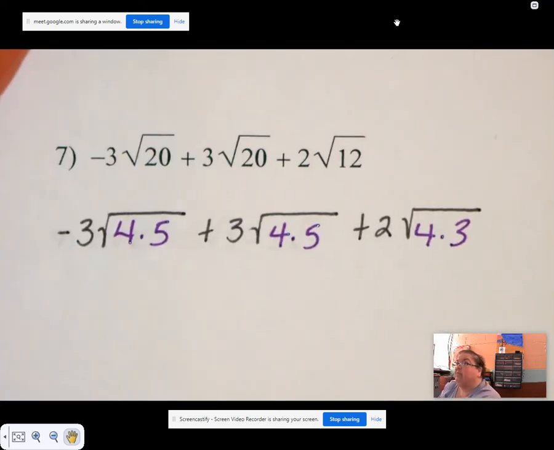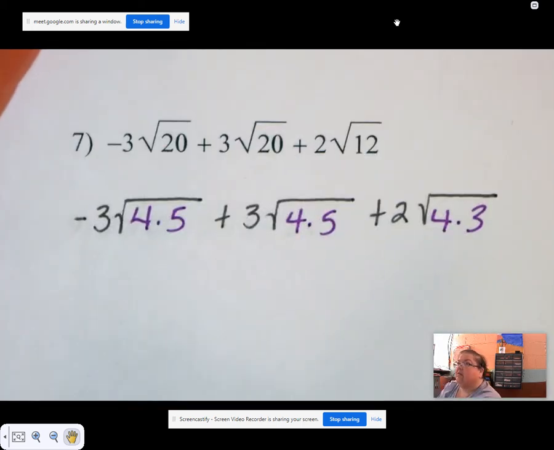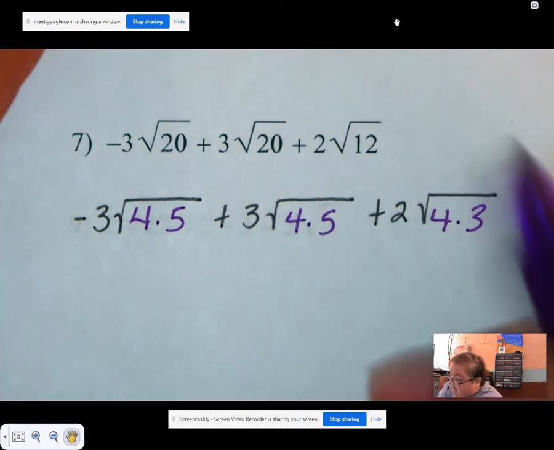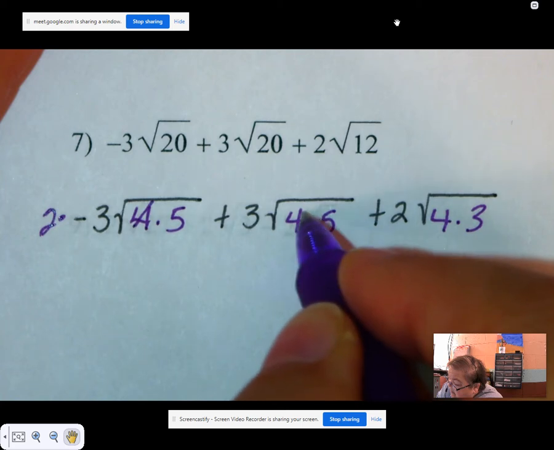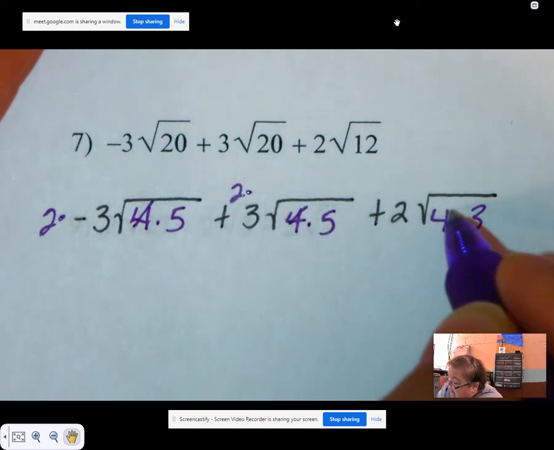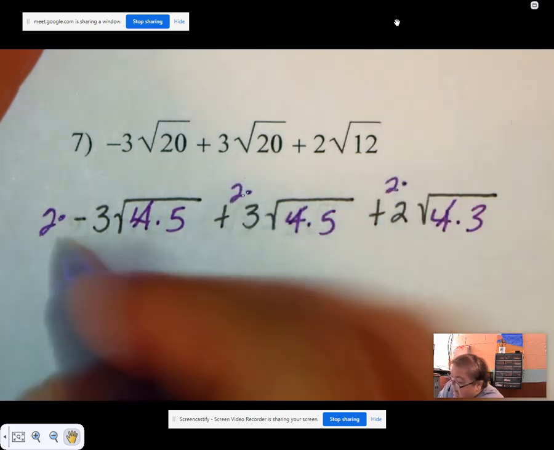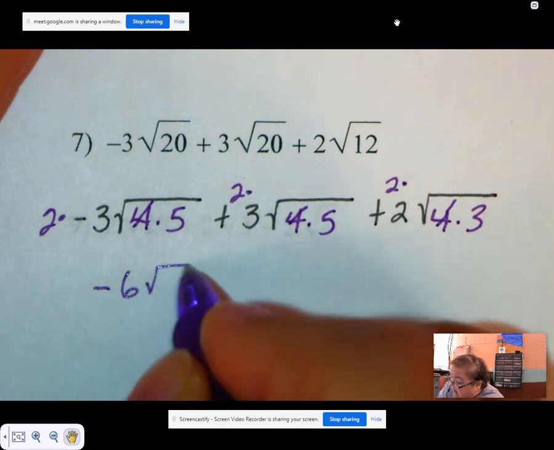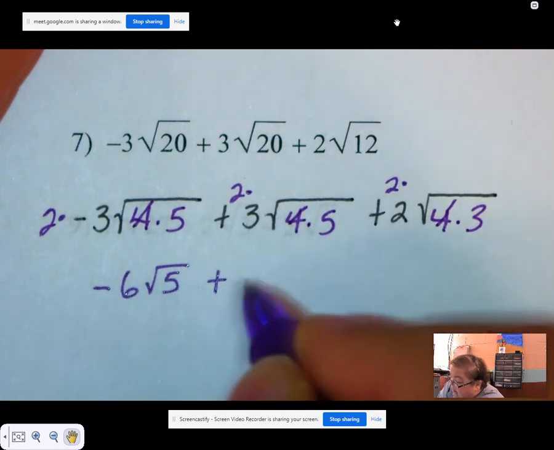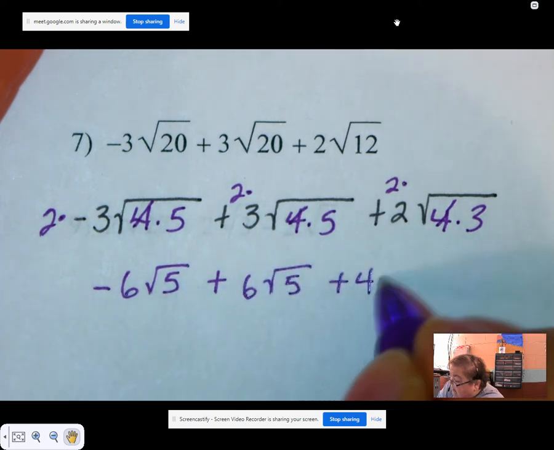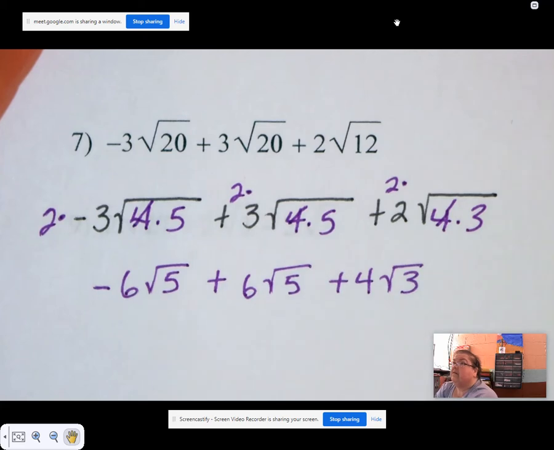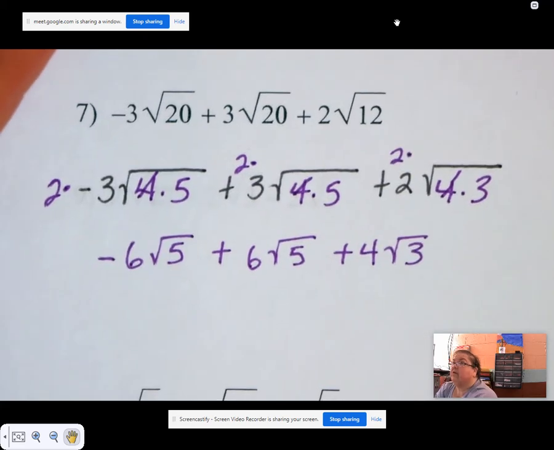Then you can check with mine to make sure that you've simplified it correctly inside. Are we good so far?